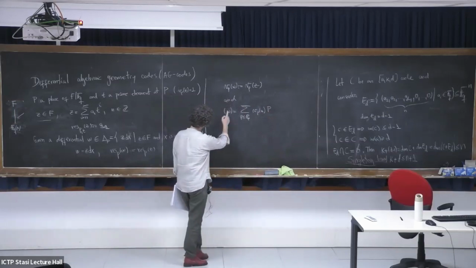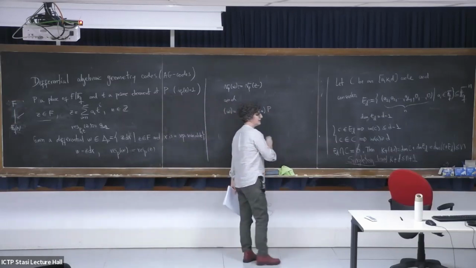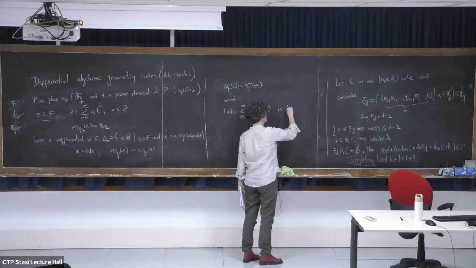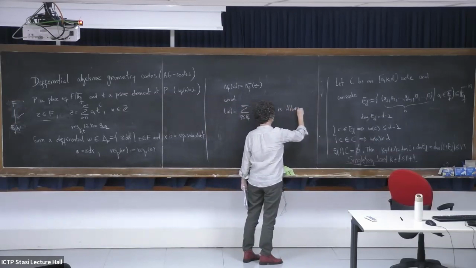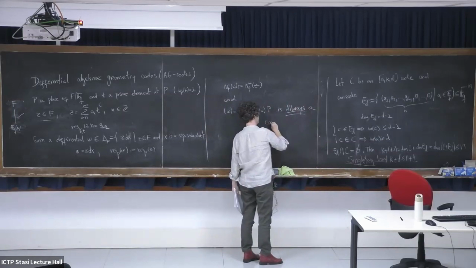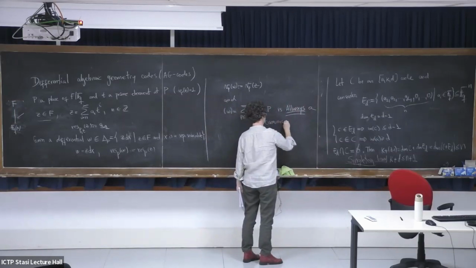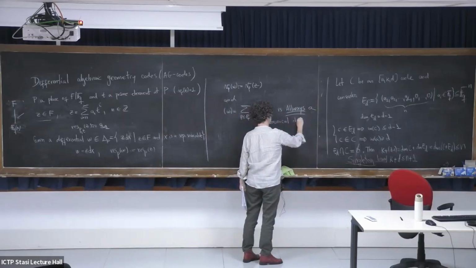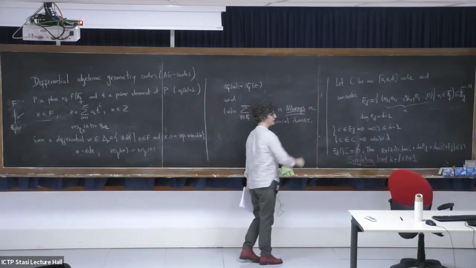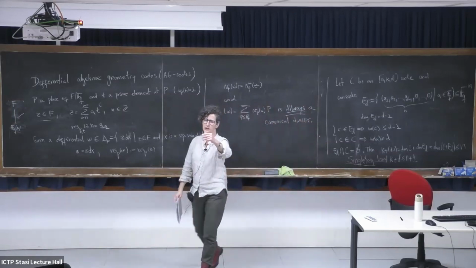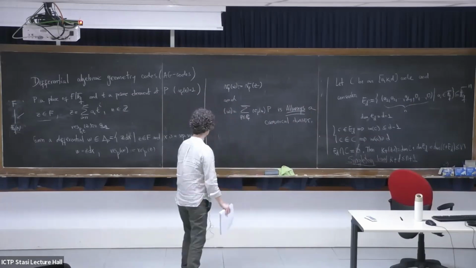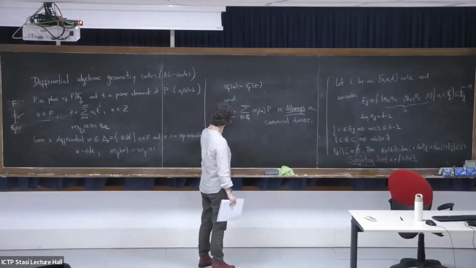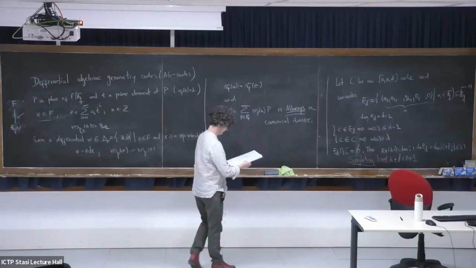And well, the divisor of a differential is always a canonical divisor. So do you remember we needed a canonical divisor to compute the dimension of Riemann-Roch spaces? Well, guess what? If you take the divisor of a differential, you have a canonical divisor.